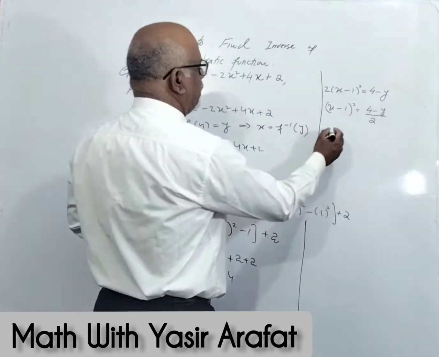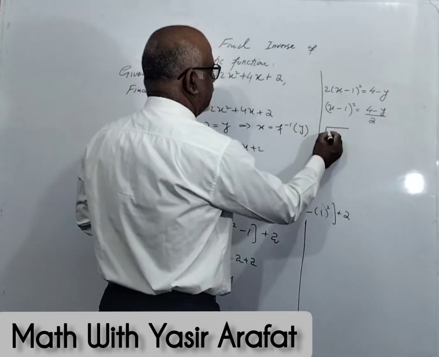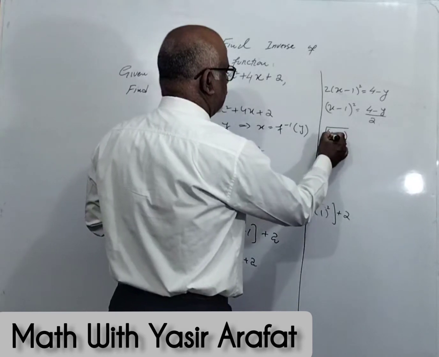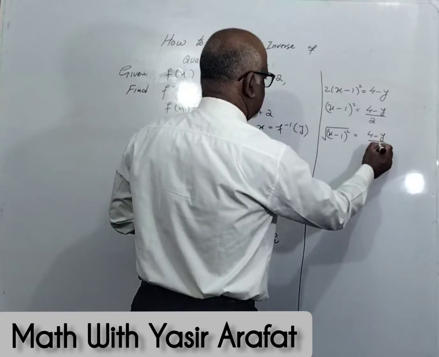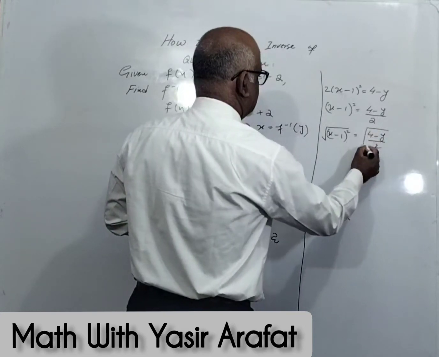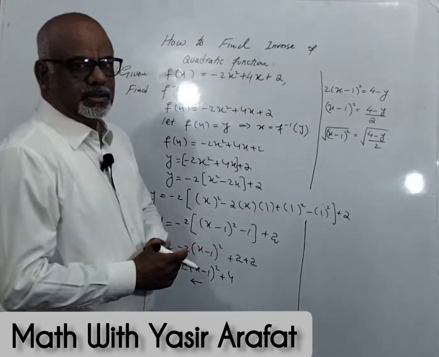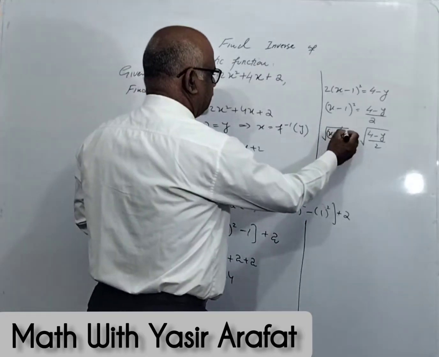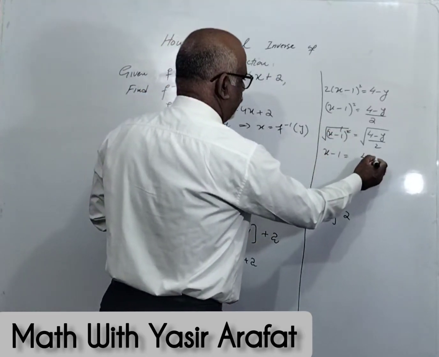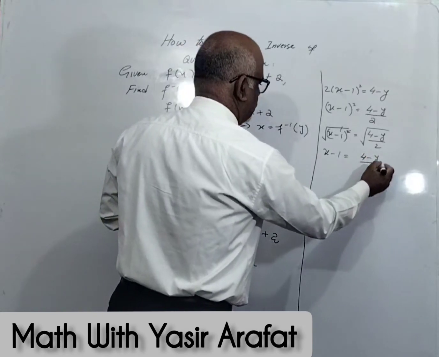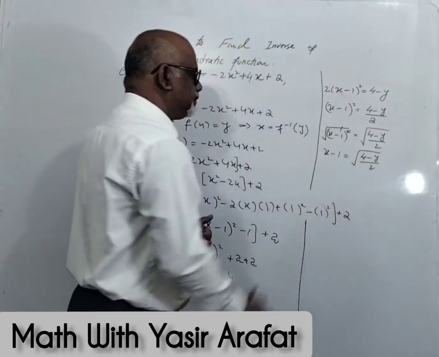Now this is x minus 1 to the whole square. So we have to take the square root on both sides. That is, x minus 1 is equal to the square root of 4 minus y over 2 in the radical.